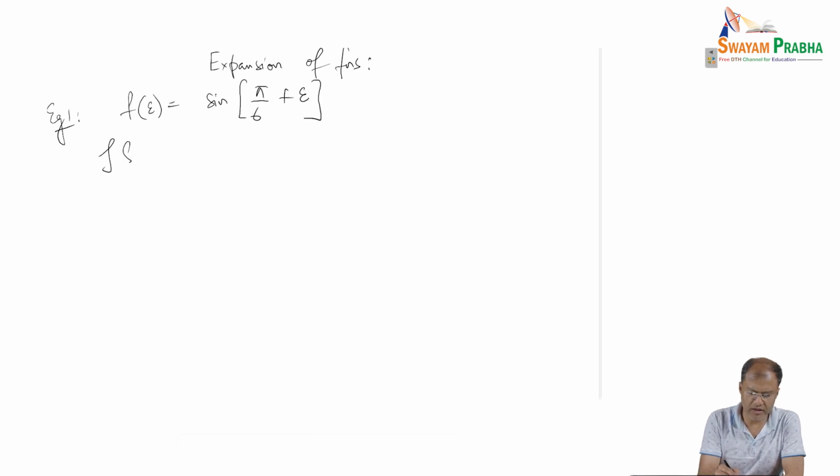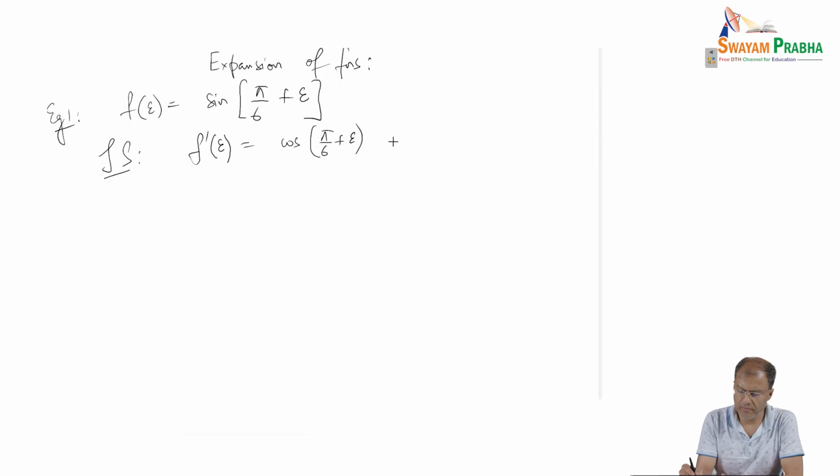And the Taylor series comes out to be f of epsilon. If we were to use the Taylor series, the first derivative f prime of epsilon will give us cos of pi by 6 plus epsilon, and f double prime of epsilon is minus sine of pi by 6 plus epsilon, and so on, right?